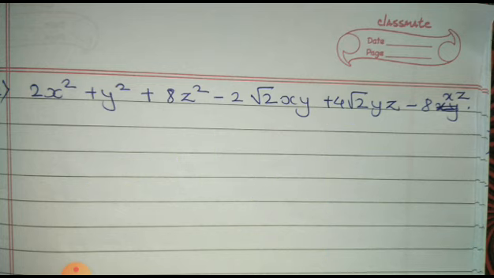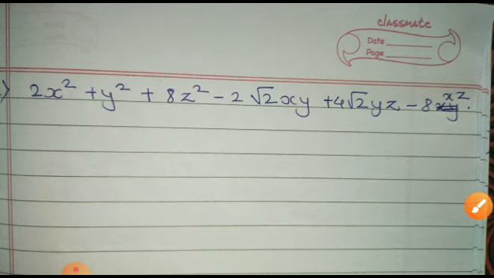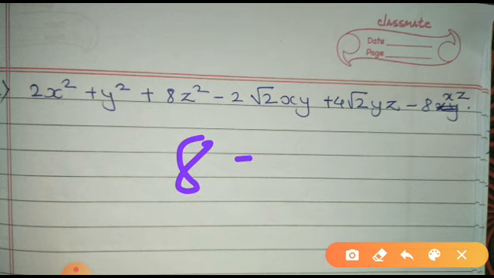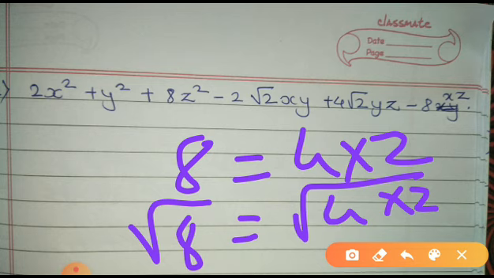Now see for the y square, no problem because it is 1 into y square. The next is 8z square. Now 8z square is a perfect square, but what about 8? 8 is nothing but 4 into 2. That means my square root of 8 will be square root of 4 into 2.